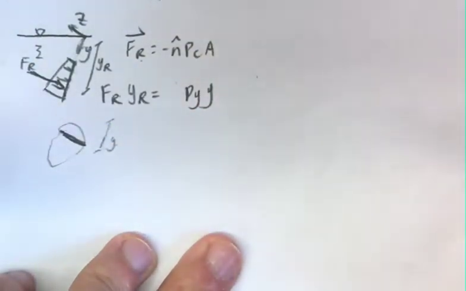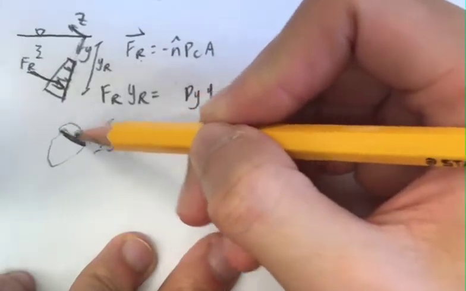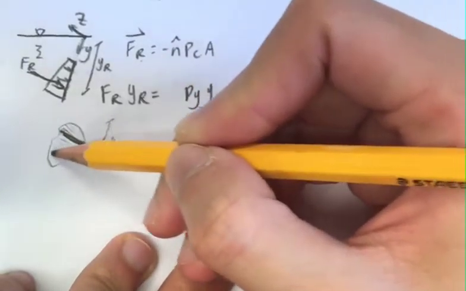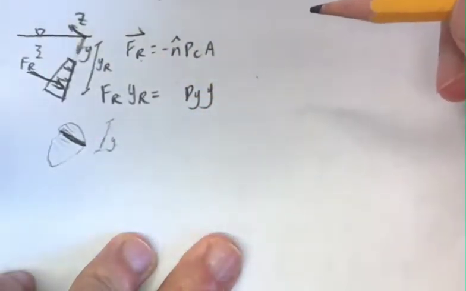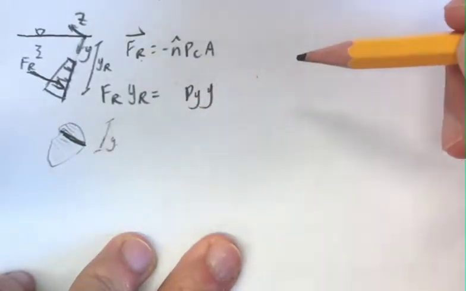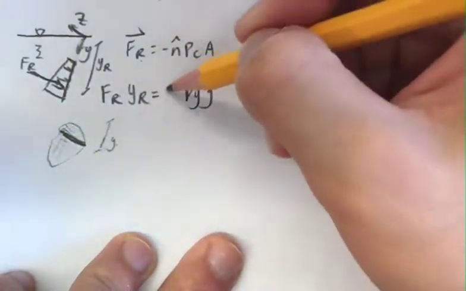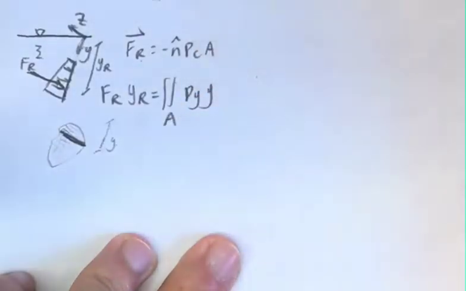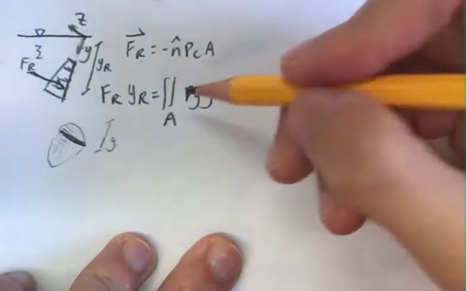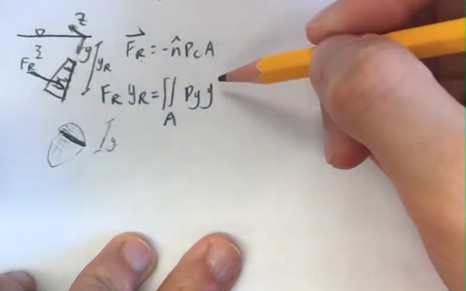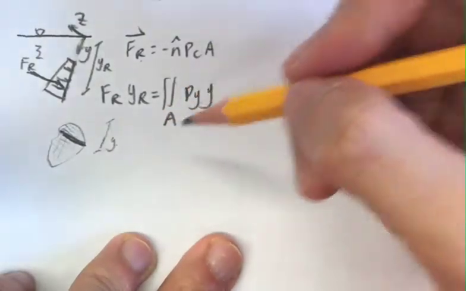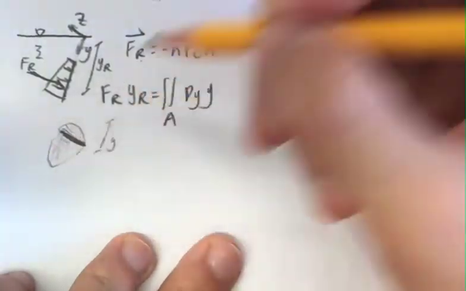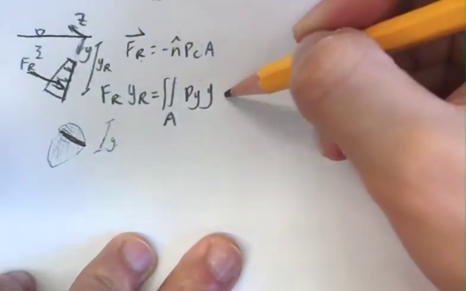But if all the y slices are accumulated, then we are just integrating this over the whole area, right? So we can write it this way: Py times y, we integrate this over the whole area of our board.